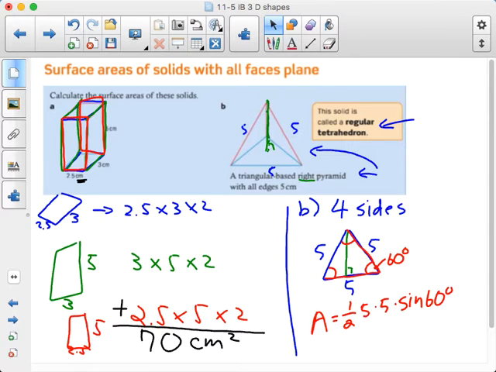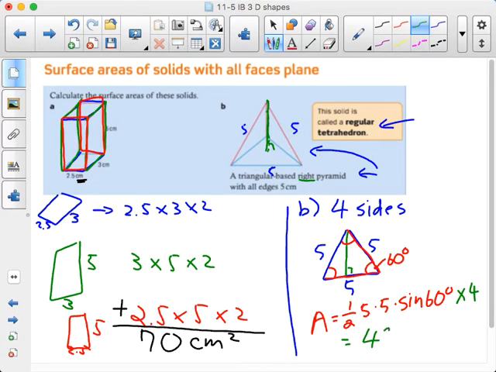And then of course there are 4 of those, so I'm going to multiply this whole thing by 4. Okay? And if you do that, then the area that you should get, corrected to 3 significant figures, is 43.3 square centimeters.